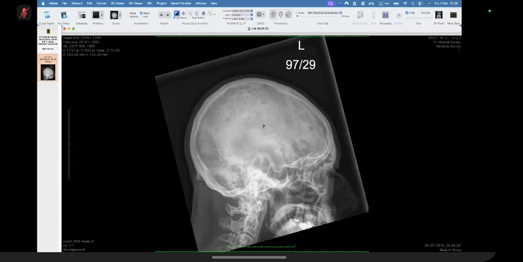This is sometimes described as a raindrop skull. They say raindrop skull because there are lucencies, some tiny, some bigger, some even bigger, so they are of varying sizes. It's like water splashing on the floor. Maybe one drop, but once it splashes, it doesn't mean they're going to be of uniform size. So this is not a raindrop skull, but you were otherwise absolutely right.